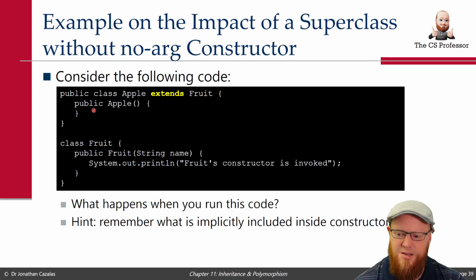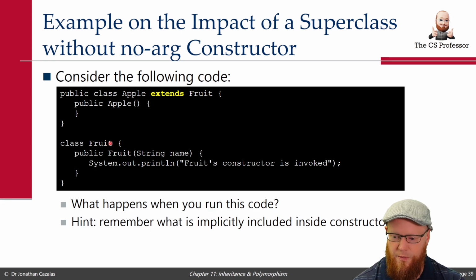Well, here we're inside this no-argument constructor. What in fact is included implicitly right here, even though you don't see it? A call to super with no parameters. So we're going to implicitly invoke the no-argument constructor of the superclass of Apple, which is Fruit.